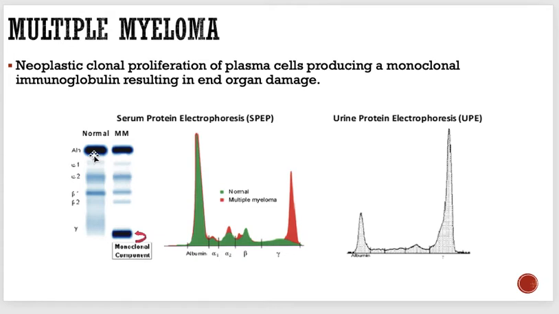In normal people, if you can see over here, there is albumin, alpha 1, alpha 2, beta 1, beta 2. By the way, in reality, this one is albumin. The alpha chain is alpha 1 and alpha 2.